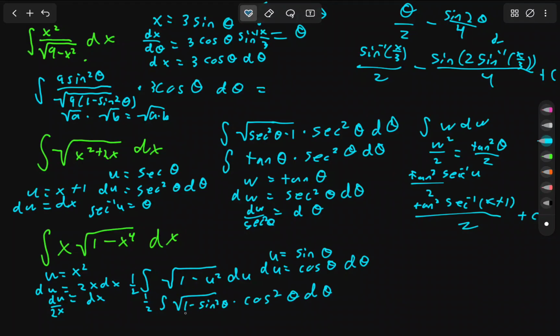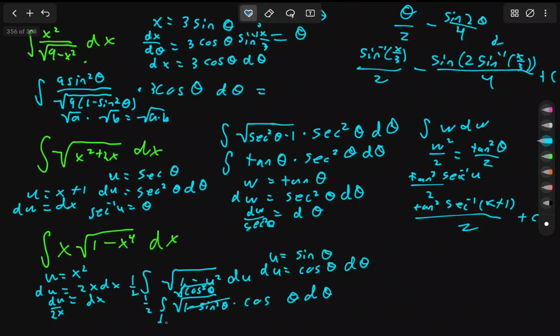If you're smart, you'll recognize that this right here is a cosine squared of theta, so we're just going to cancel that, leaving cosine squared of theta square rooted. The square root and the square will cancel. This should just be a cosine of theta, but this becomes 1/2 the integral of cosine squared of theta d theta.